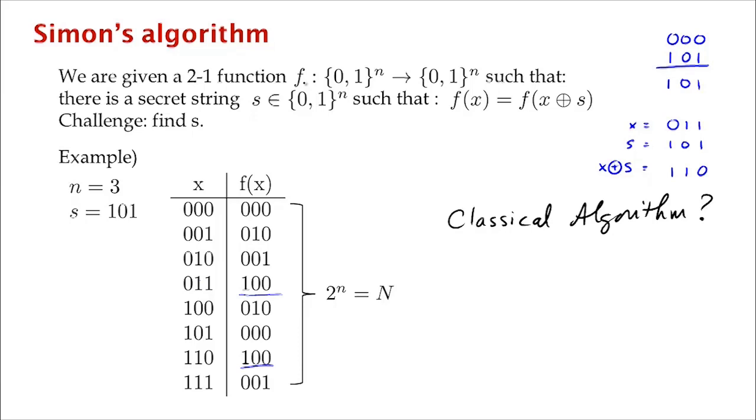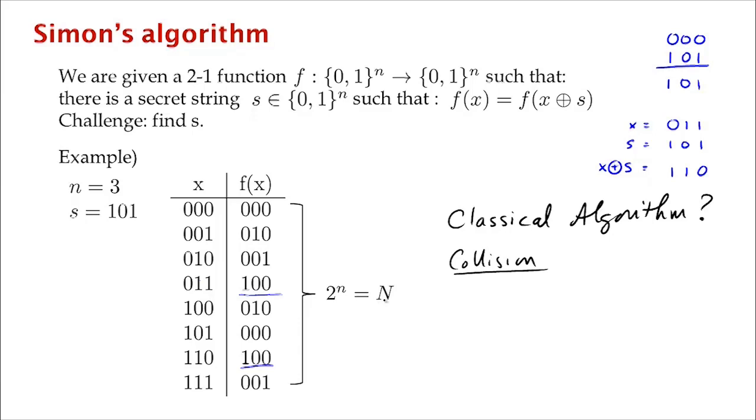All we can do is feed in different inputs. So we could just keep trying different inputs, but until we see two different inputs which give us the same output, we are out of luck, because there's no way we could know what s is until we see a collision.